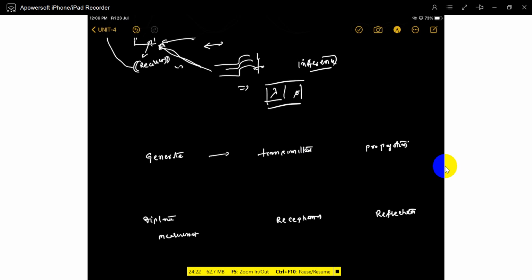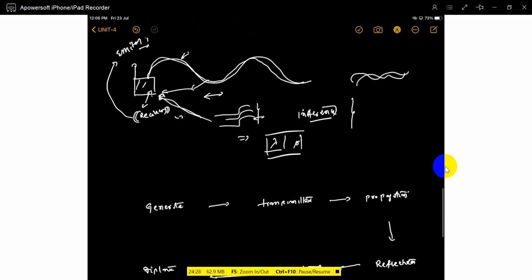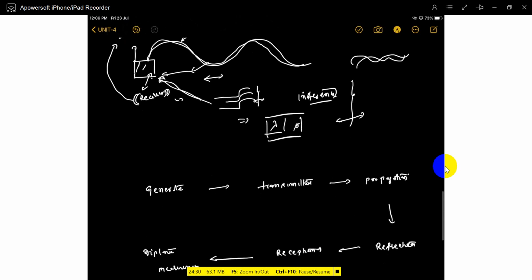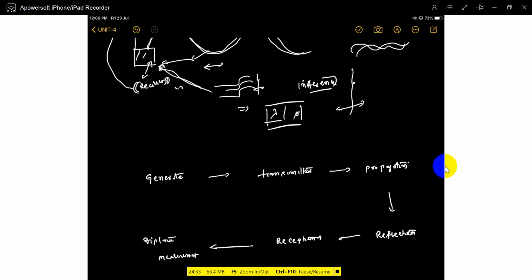Okay, these are the steps. Understood? But these types of problems arise because it receives so many other signals, and it can't decode them. So what we have to do is modify our signals.